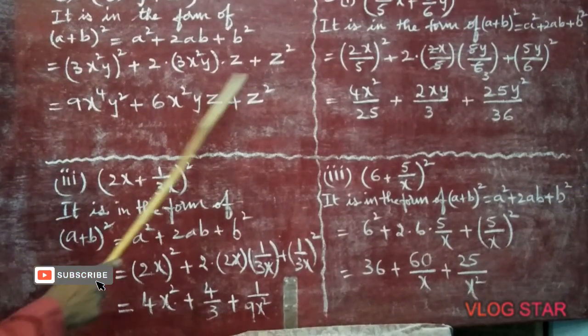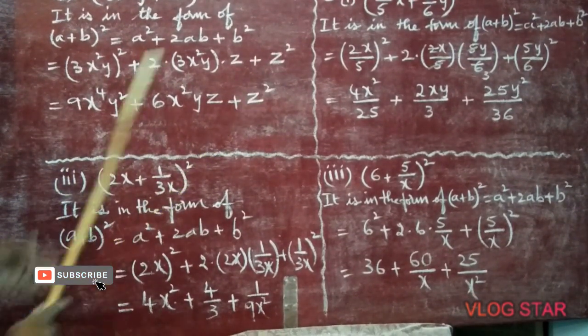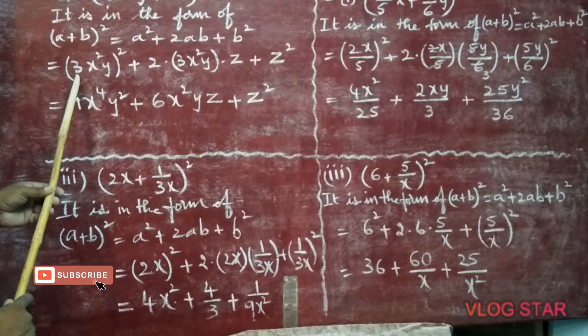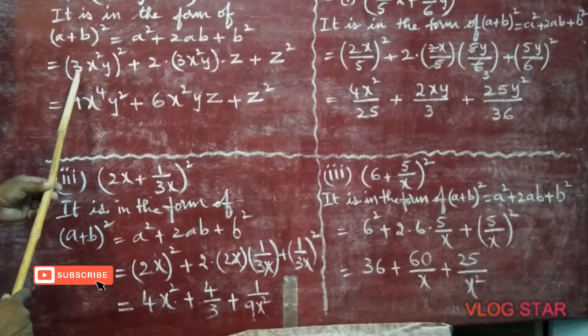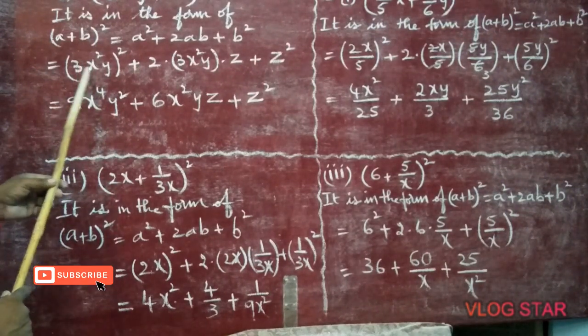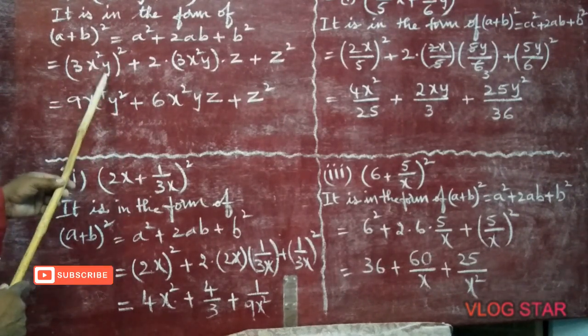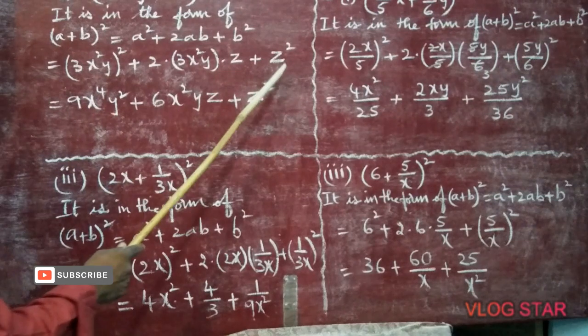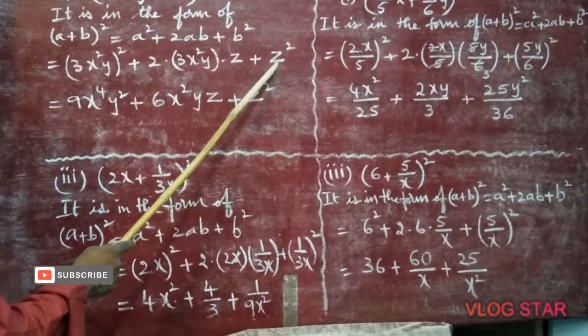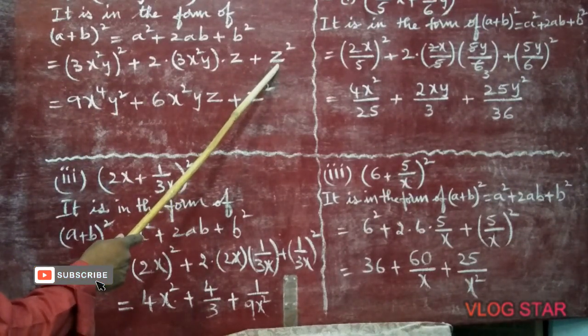Here I kept a bracket, here I did not keep a bracket. Here 3 is a numerical value and variables are there, so this square is for 3, this square is for x square, and this square is for y. Here there is just z, a single variable.